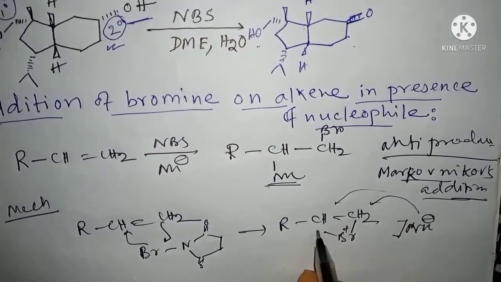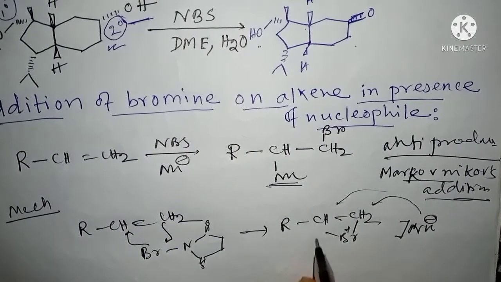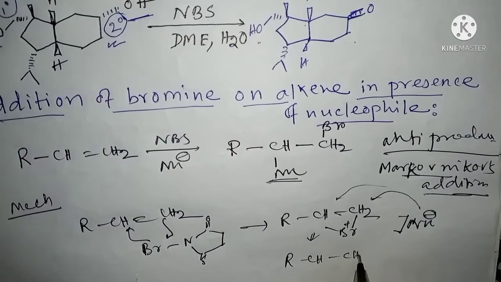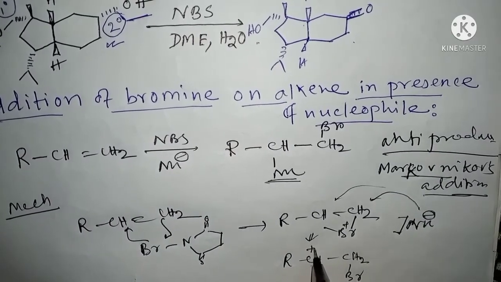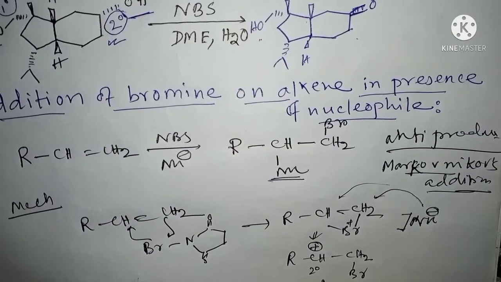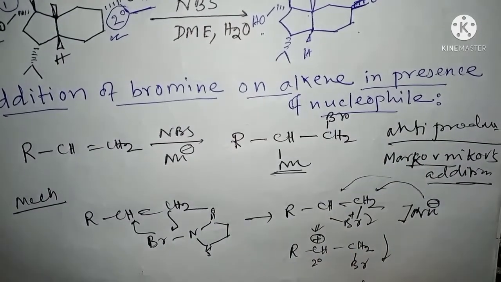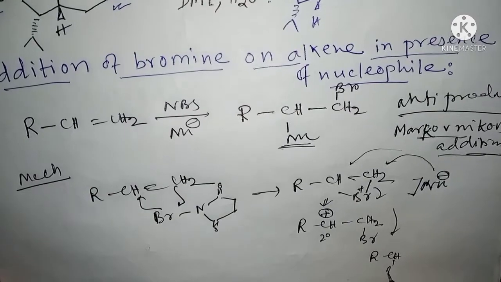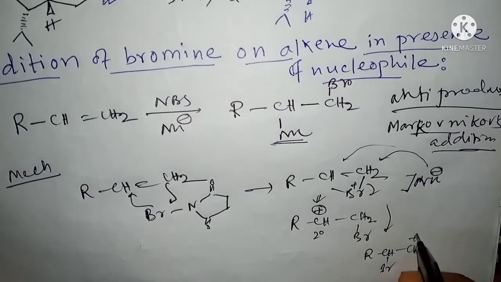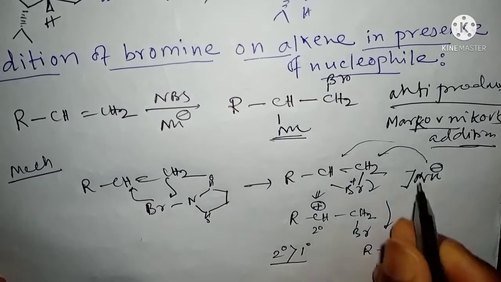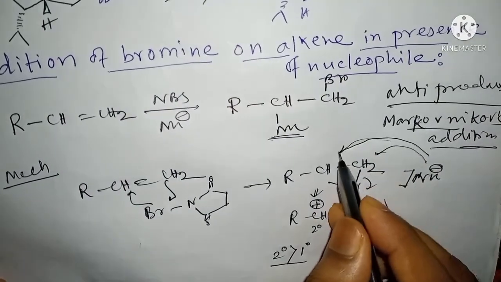Check: one side is the 2 degree carbocation, RCH plus CH2 Br, and the other side is RCH Br CH2 plus, a 1 degree carbocation. We know a 2 degree carbocation is more stable than a 1 degree carbocation. So the nucleophile attacks this carbon side.